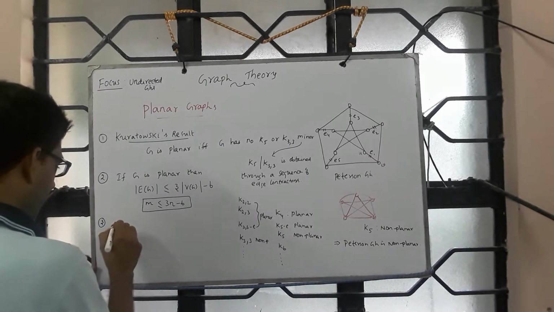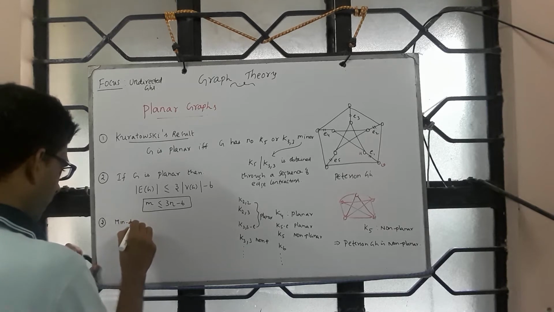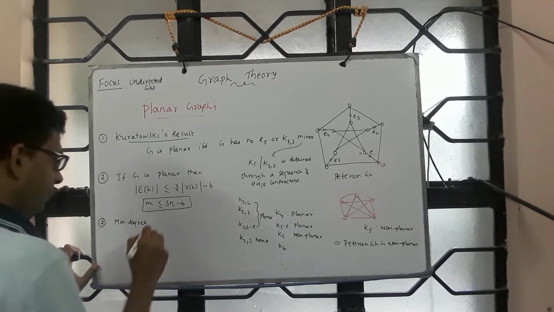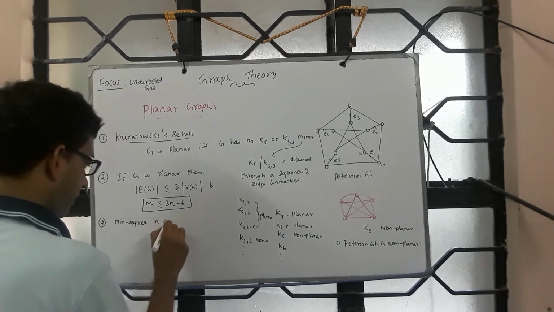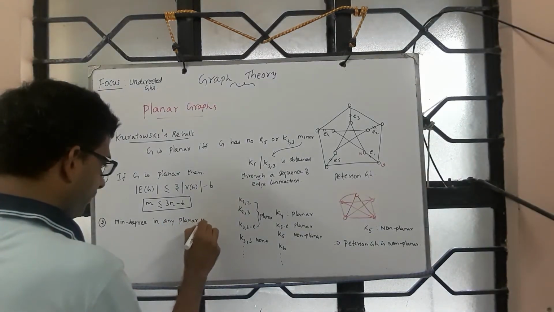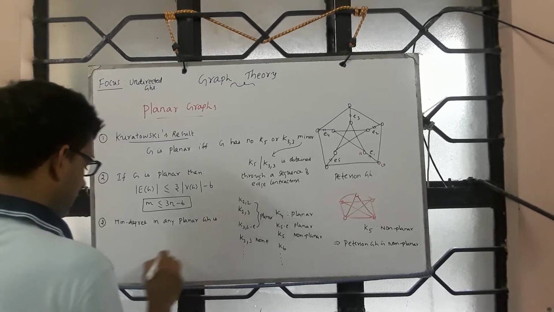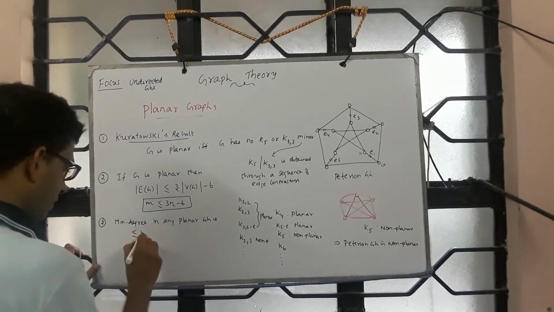Okay. And the next one is, let's look at minimum degree. So the minimum degree in any planar graph is at most 5.